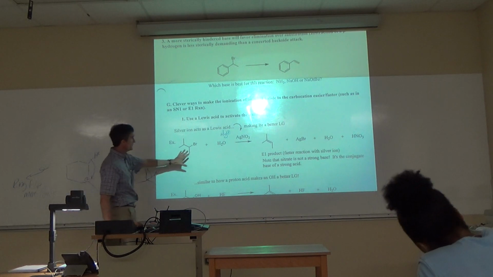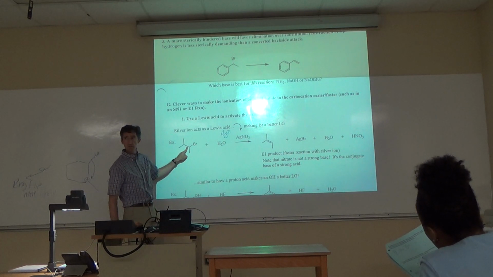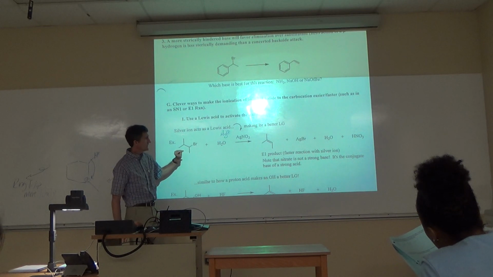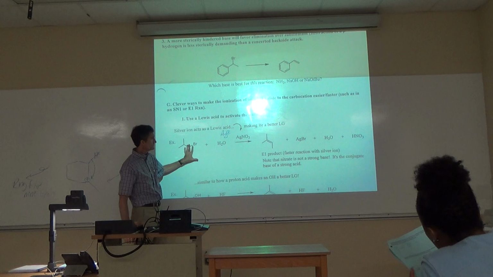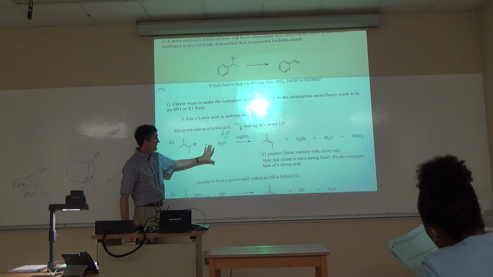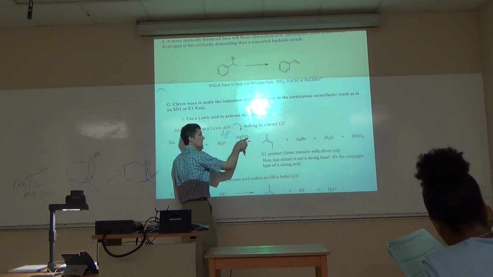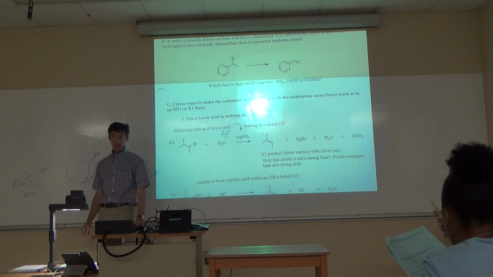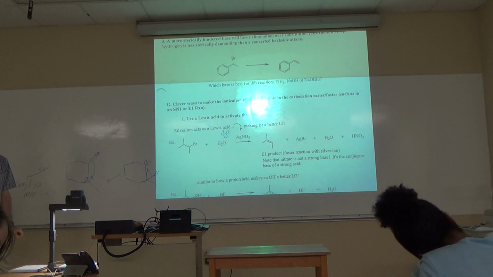What type of reaction are we doing here? This looks like an elimination, right? We're eliminating HBr essentially. Okay, is it E1 or E2? Obviously it's E1. Why is it E1? Do we have a strong base? Nitrate here is not a strong base. That's the anion of a strong acid. Nitric acid is a strong acid.